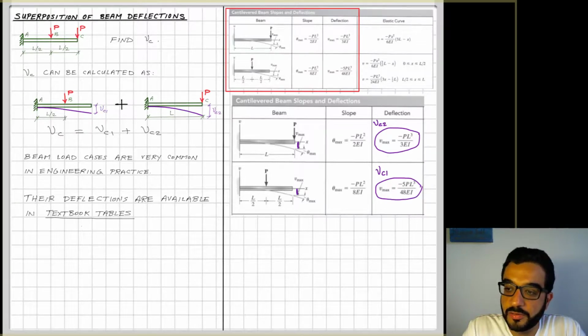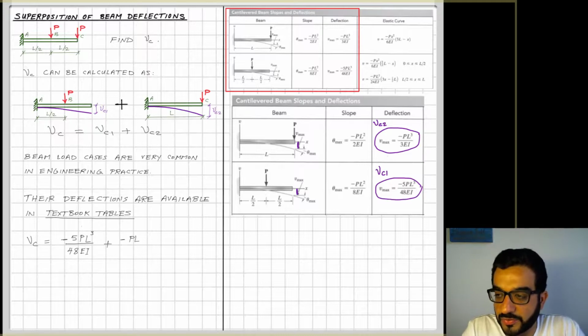So the upper beam here, where the cantilever is loaded at the tip or at the end, matches with our second load case. So nu C2 in this case is equal to nu max, and then nu C1 is equal to the other load case. When I now go back to my problem and add up these two deflections, that will give me the original deflection that I was looking for.